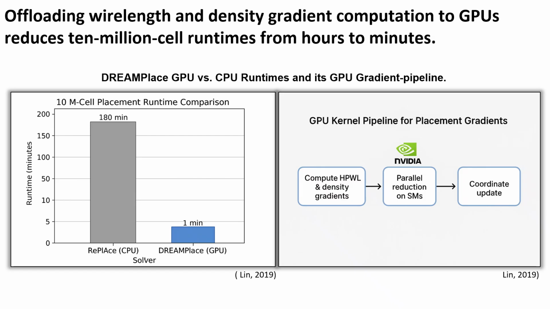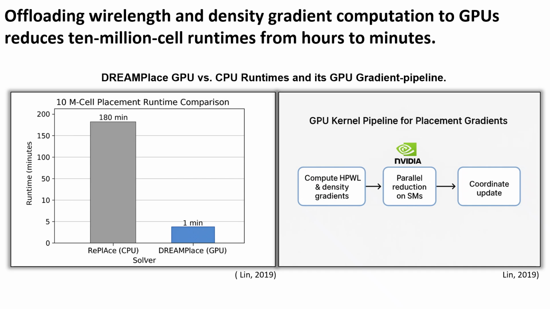A fast SM-based reduction aggregates these gradients, then a single coordinate update pass applies them to all cells, and because each scales linearly, doubling the design only doubles runtime. This GPU accelerated pipeline transforms placement from an hours-long wait to a minute scale process, enabling rapid design iterations.